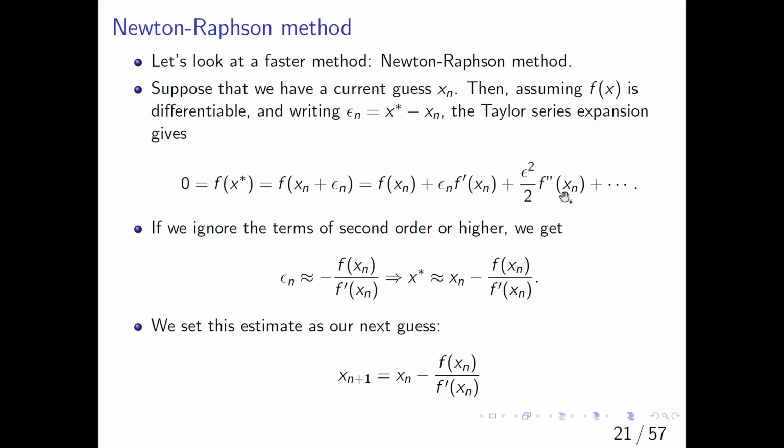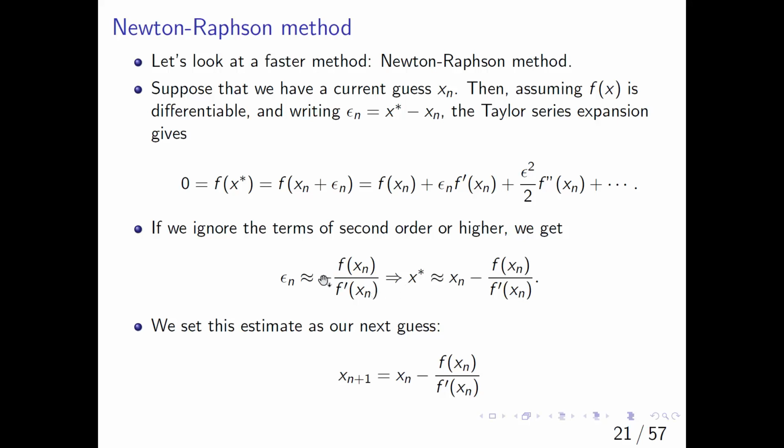Now, if we ignore this second order term, which is apparently a higher order term in epsilon n, then epsilon n can be roughly approximated, because if you remove this term, these two terms equal 0. So you can solve for epsilon n, which is minus f(xn) divided by f prime(xn). Take the minus sign here.